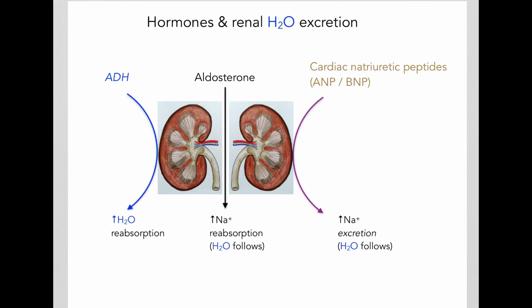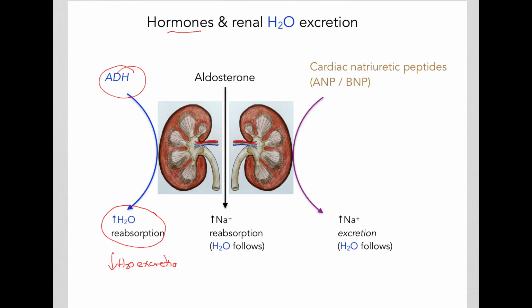Hormones will play a very important role later when we talk about hypernatremia. Just to summarize, antidiuretic hormone, or vasopressin, that comes from the pituitary gland causes increased water reabsorption, in other words, decreased water excretion.